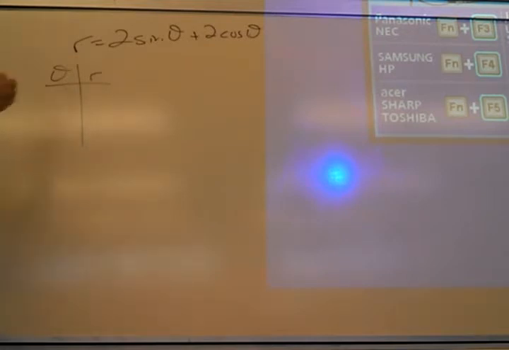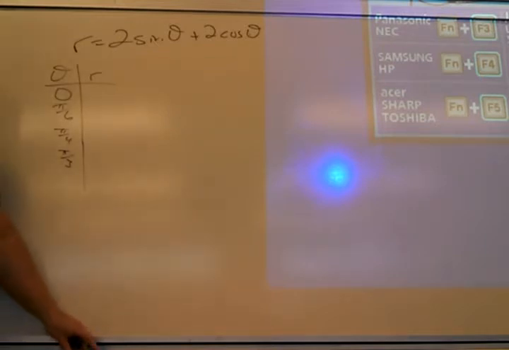So you certainly want to use 0, pi over 6, pi over 4, pi over 3. You can try to be a little smart about values repeating. This one's going to be a little hard for that because sine and cosine are positive and negative in different areas.